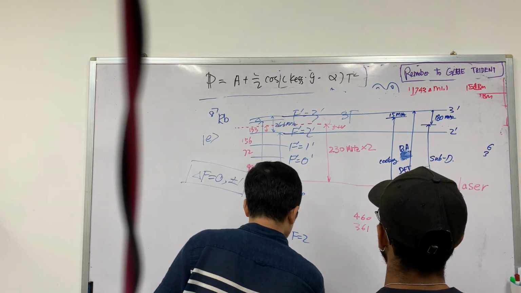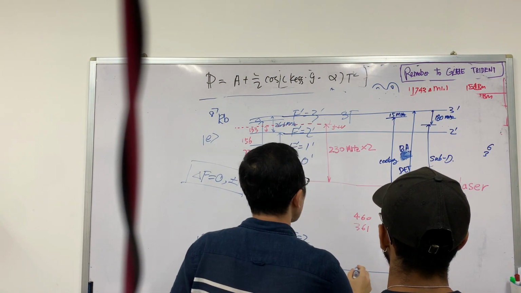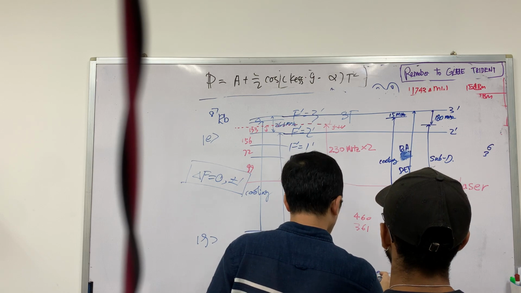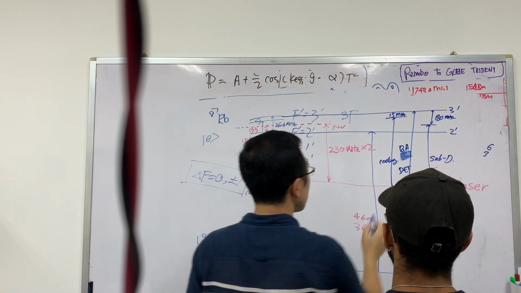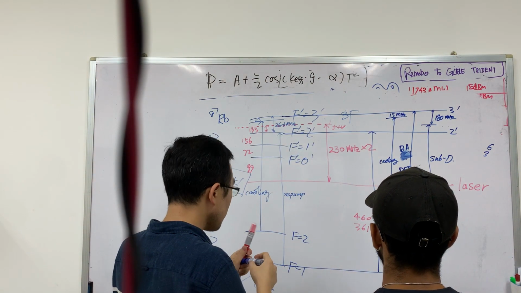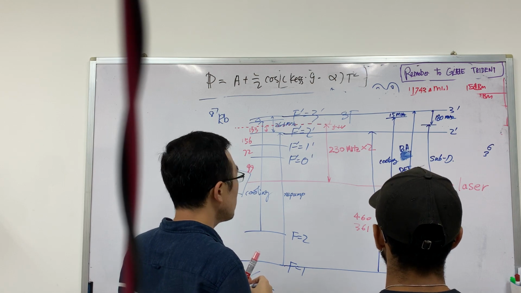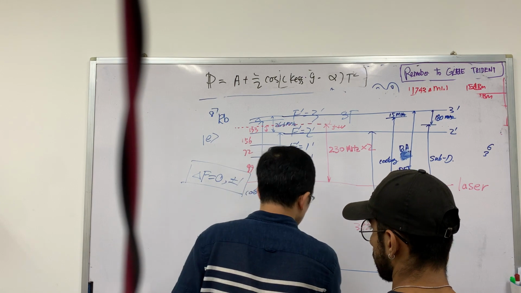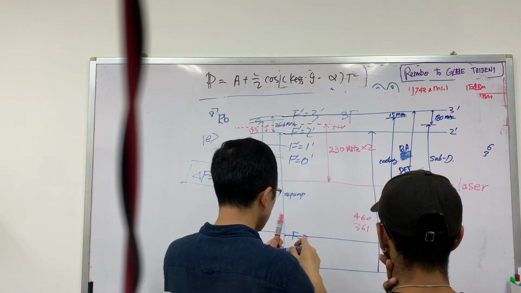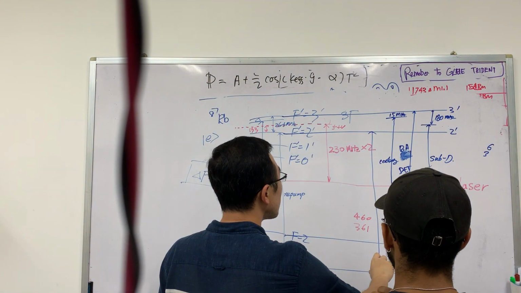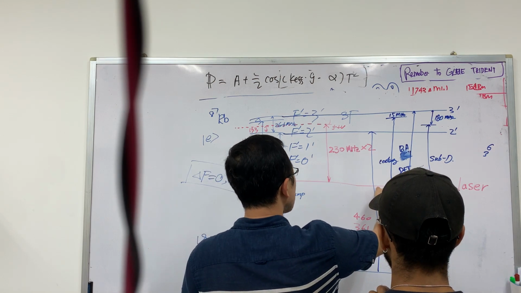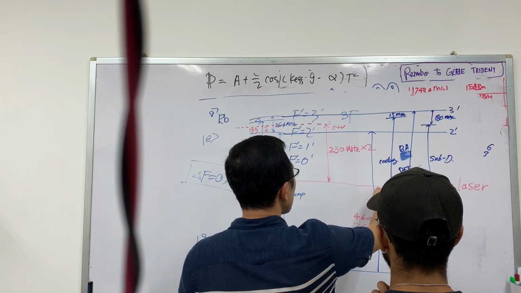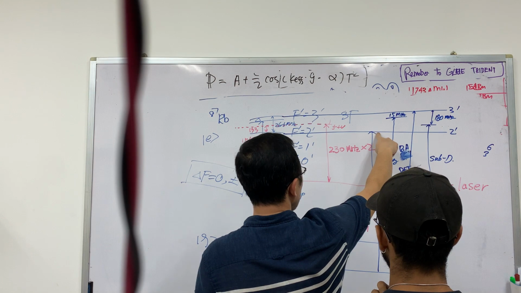Then, how about the repump? Repump needs to be from 1 to the 2 prime. This is repump, right? What we need is to use the laser light here, and this is the repump.